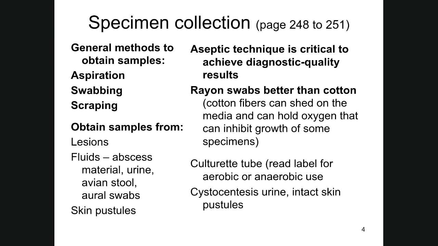Even in a wound, you might swab the area to see if bacteria is present. And then, of course, skin scraping, or you might scrape along the surface with an appropriate collection item. You might obtain samples. So those are methods for obtaining samples. Your aspiration, swabbing, and scraping, all in bold, might be some kind of a test question.